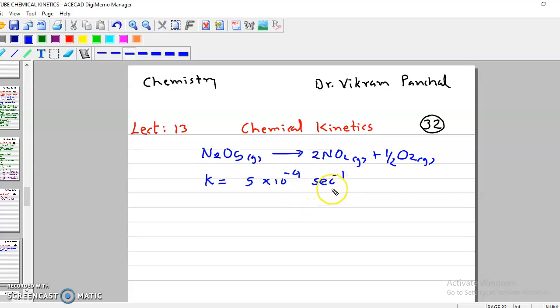From the unit only we come to know that this is a first order reaction. The initial concentration of N2O5 is given, that is 0.25 molar. Now the question is, find out the initial rate of reaction.